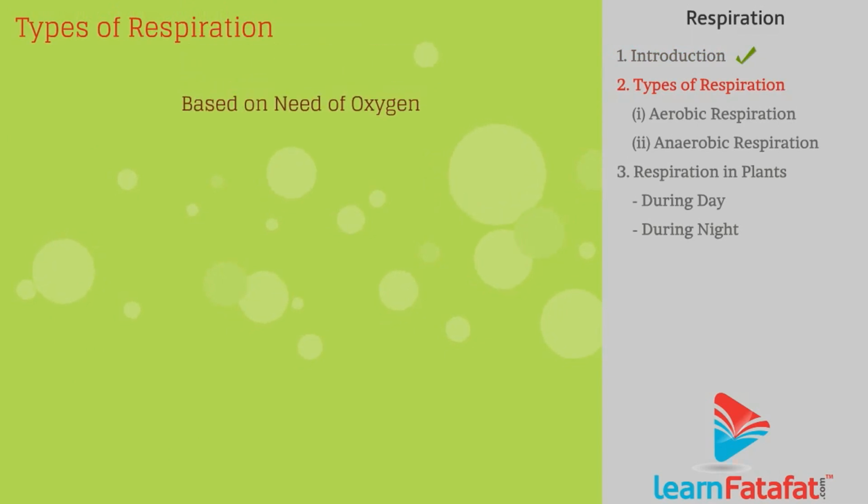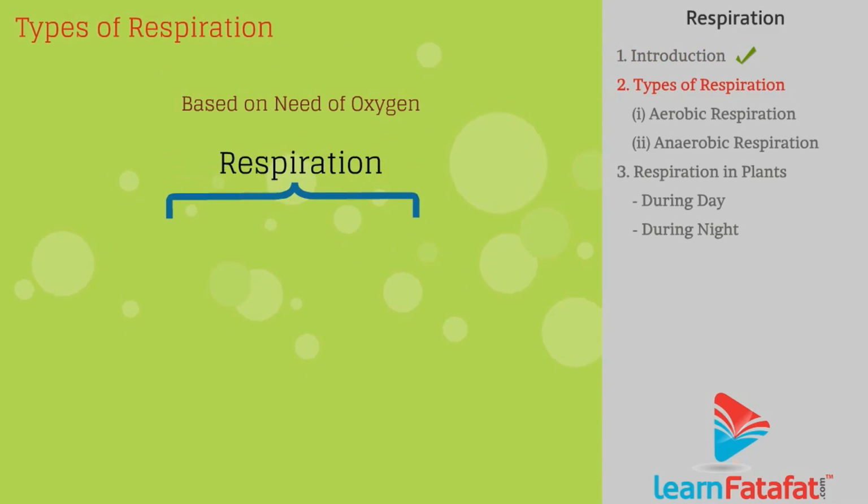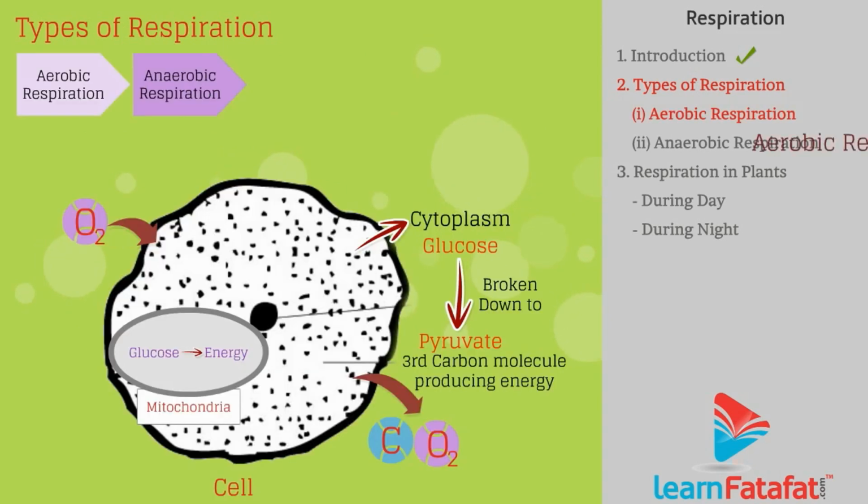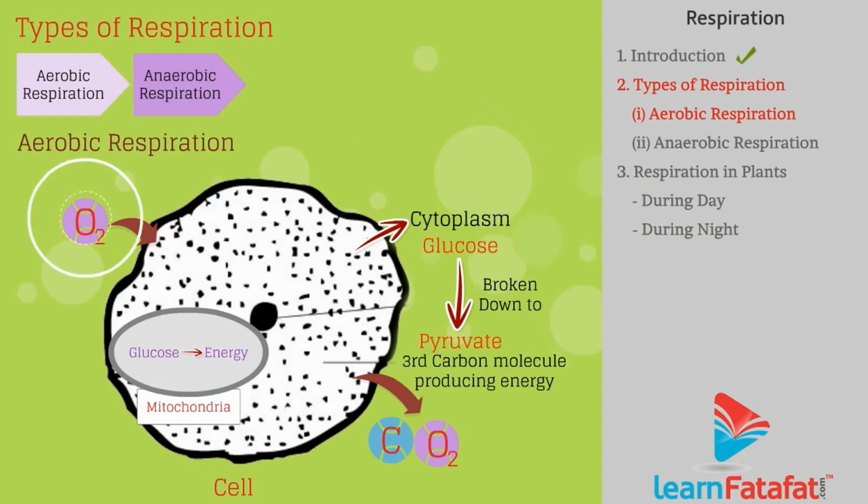Types of respiration. Based on the need of oxygen, respiration is divided into 2 types: aerobic respiration and anaerobic respiration. In aerobic respiration, oxygen is used to break glucose into pyruvate in the mitochondria of the cell, producing energy.